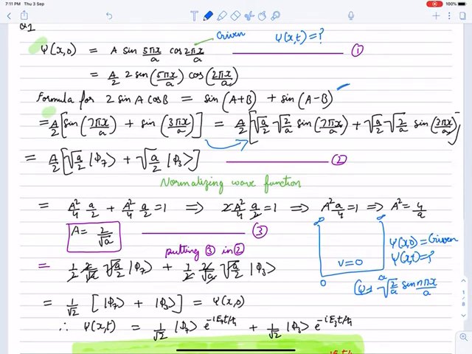The normalization constant, I have discussed it many times, so no need to say it again and again. So we have calculated the normalization constant.